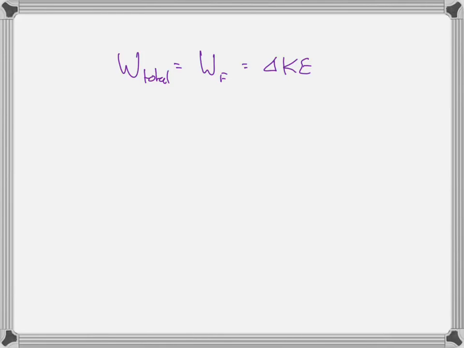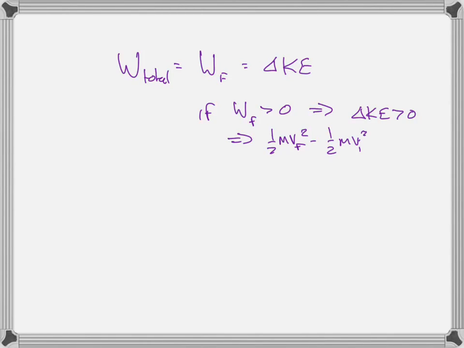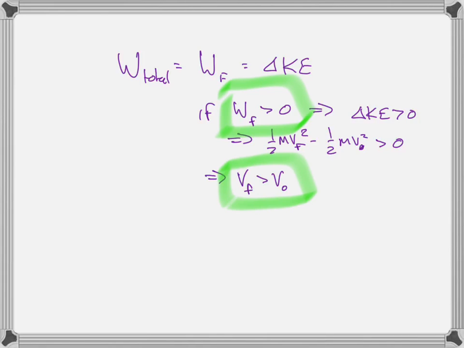So if the work done by the force is greater than 0, therefore the change in kinetic energy is greater than 0, therefore 1/2 m v final squared minus 1/2 m v initial squared, or v sub 0, v sub i, it doesn't matter, is greater than 0, and so that tells us that, because mass is constant, v final is bigger than v initial. If the work is positive, it speeds up.